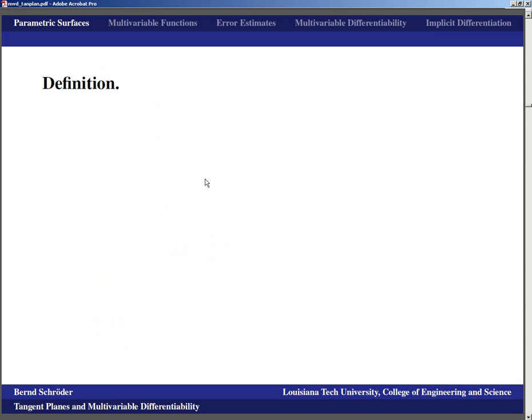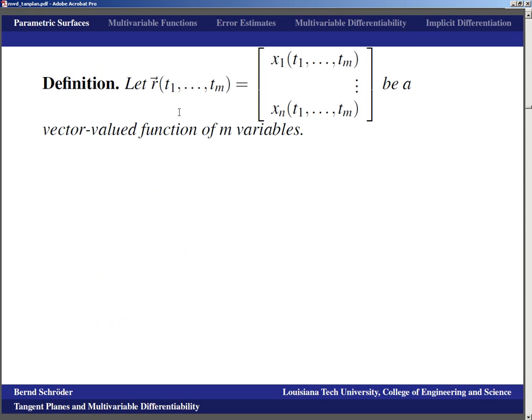How does this work as an abstract definition? Well, first of all, we technically have to define what it means to take a partial derivative of a vector-valued function of m variables. But that shouldn't be so bad, because anything that we do with a vector-valued function that has an analog for single-variable functions is typically done component-wise.